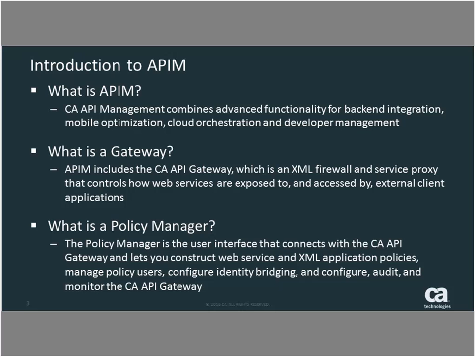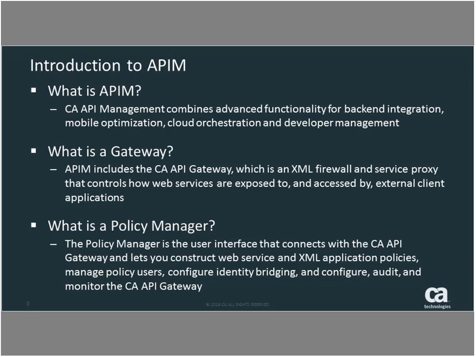CA makes it easier for enterprises to address these challenges. And this product called CA API Management combines the advanced functionality for backend integration, mobile optimization, and developer management, and it's very unique in its ability to address the full breadth of these challenges around API management.